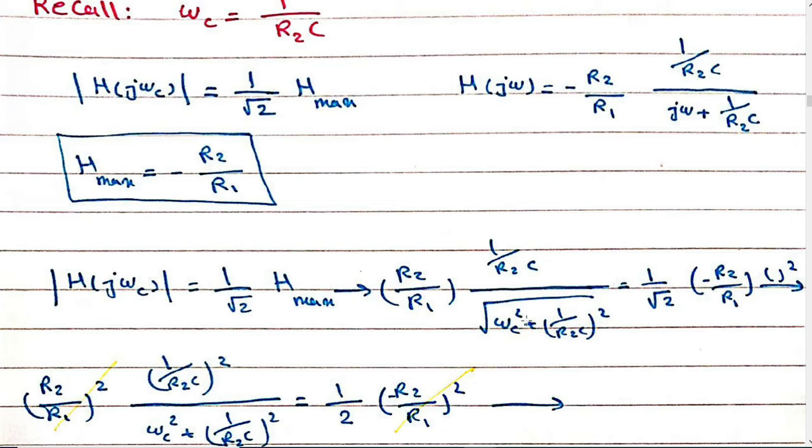Yes? Okay. So on the left hand side of the equation, you see the magnitude of the transfer function at the cutoff frequency, and on the right, you see 1 over square root of 2 multiplied by H max. So square both sides of the equation, and you will get this.